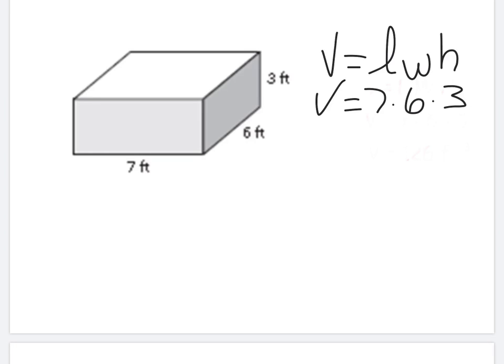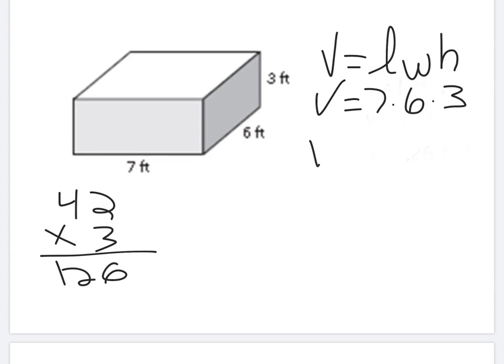So we multiply 7 times 6 times 3 all together. 7 times 6 is 42. And then 42 times 3: 3 times 2 is 6, 4 times 3 is 12. It gives you 126. So volume is equal to 126, and my units this time are feet, cubed. So I have volume equals 126 cubic feet.